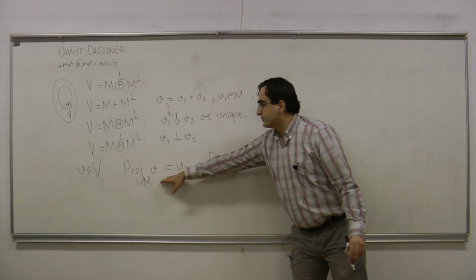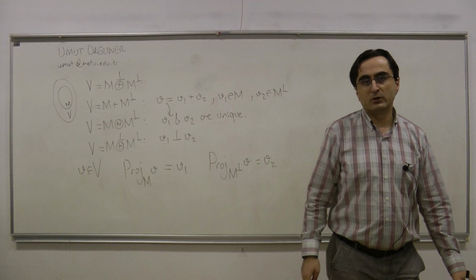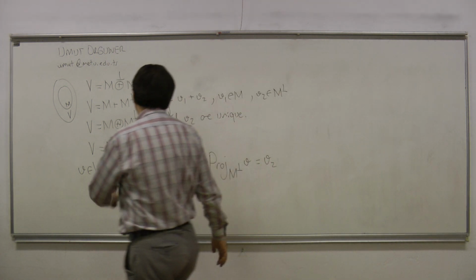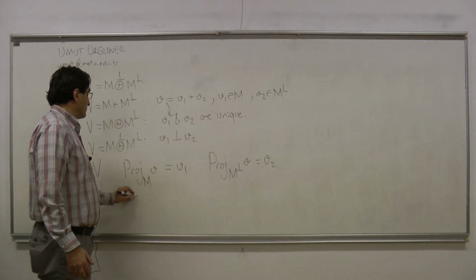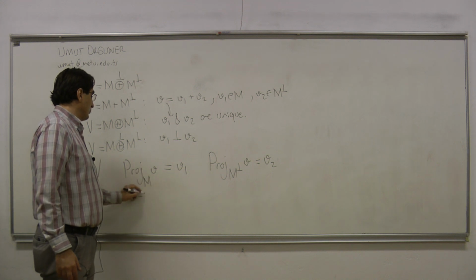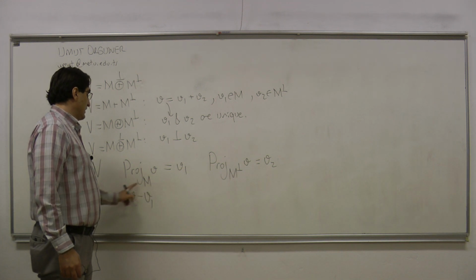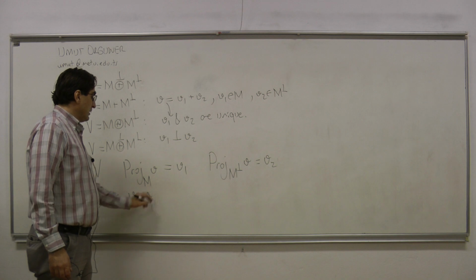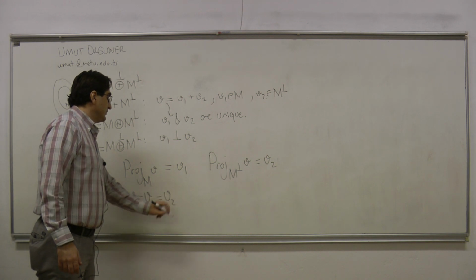How can I check that the first fact is actually true? I can subtract the projection from V, then I get V minus V1, and we know that this is V2.